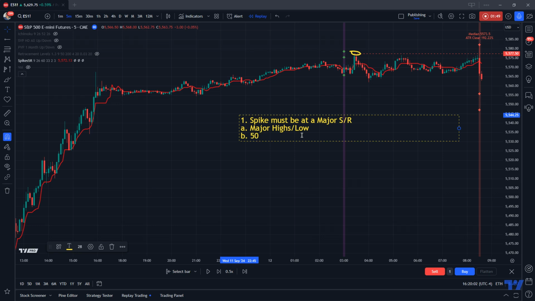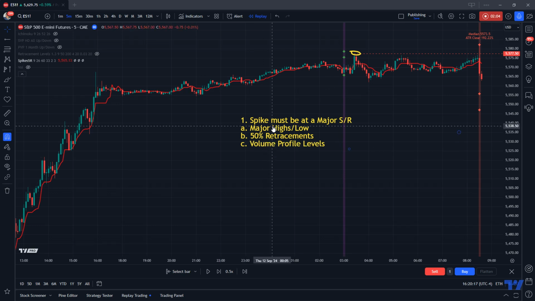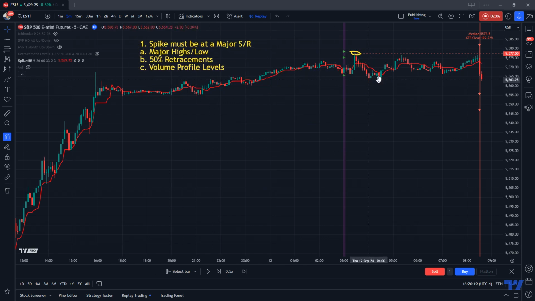You can use other Fibonacci retracements if you prefer, but I only really look for the 50% retracements. And as of the last year or so, I've started looking for volume profile levels. Those are really, really key.